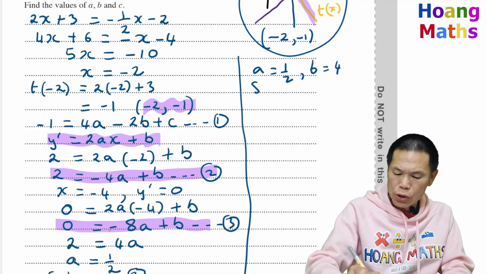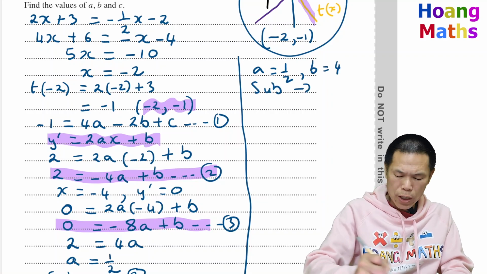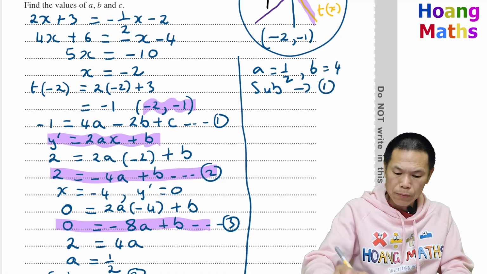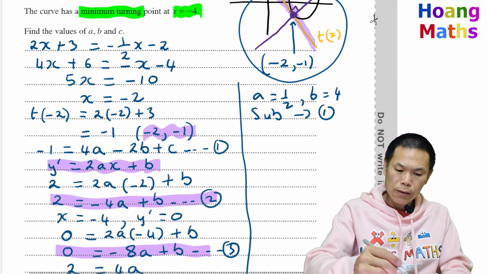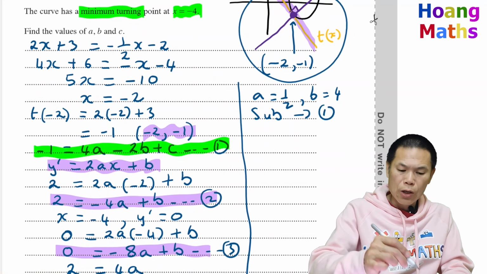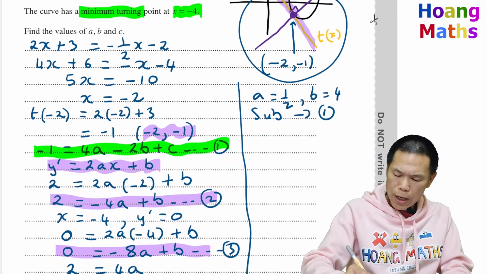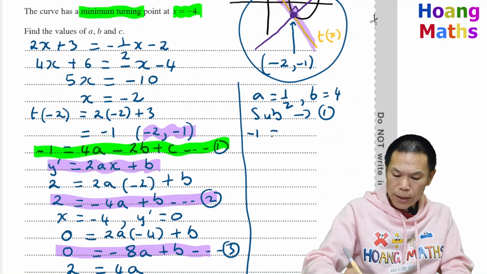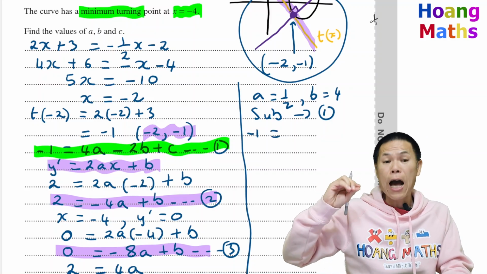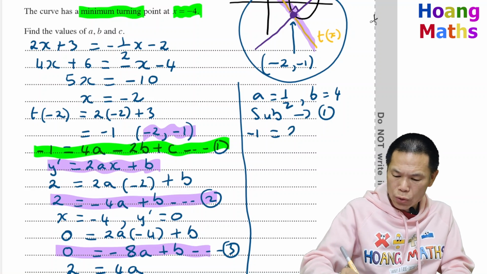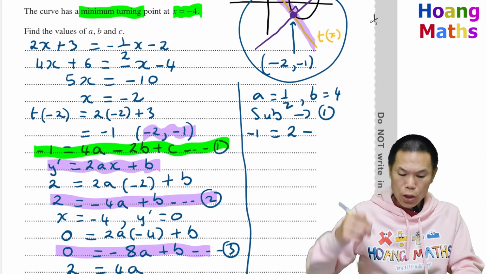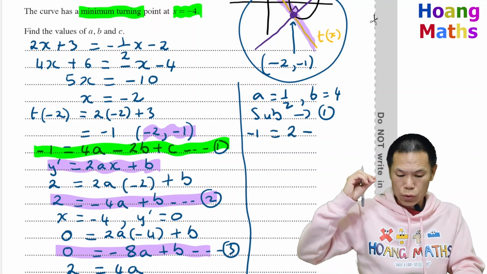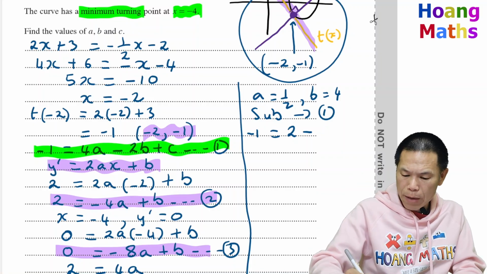We just substitute this into equation number 1. That is this one here. So now we go: negative 1 is 4a. A is a half, 4 lots of a half is 2. We minus 2b. b is 4, 2 times 4 is 8, minus 8.